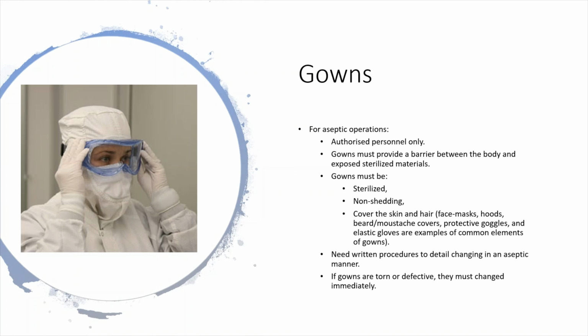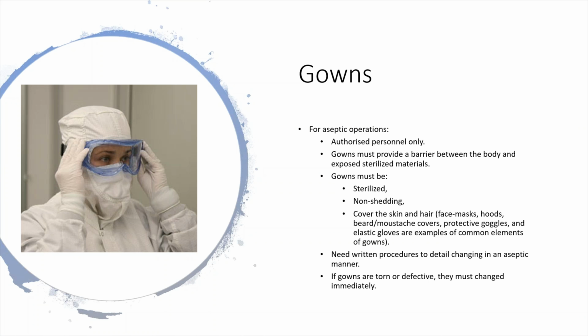Now, with aseptic operations, we need to apply the strictest requirements. So only personnel who are qualified and appropriately gowned should ever be permitted access to an aseptic processing area. The gowns used must provide a barrier between the body and any exposed sterilised materials, and to prevent, or at least minimise down to the lowest possible level, any contamination from particles generated by and microorganisms shed from the human body.